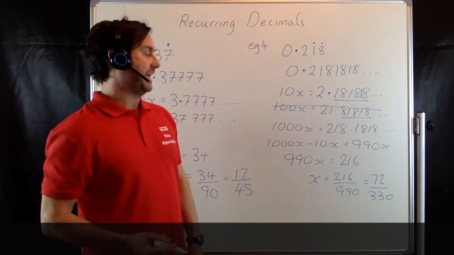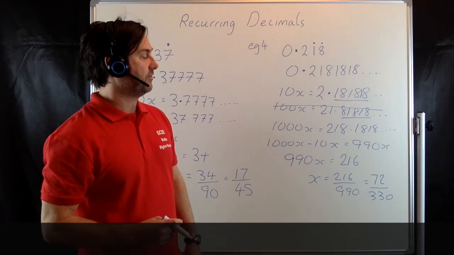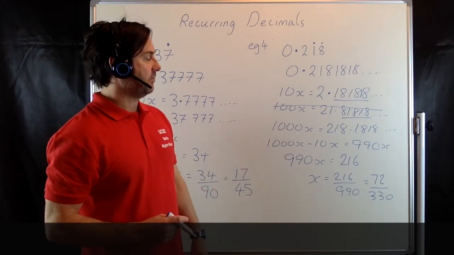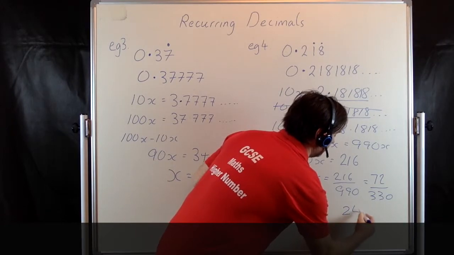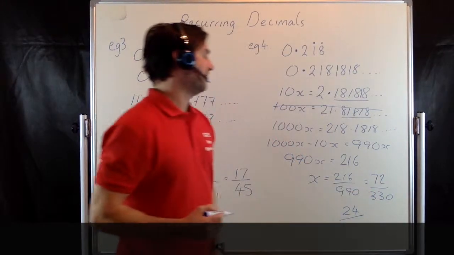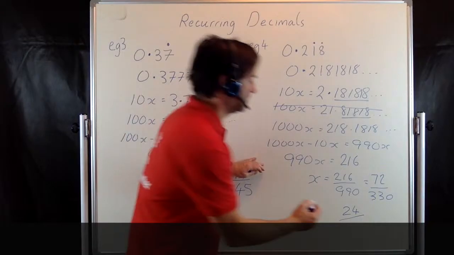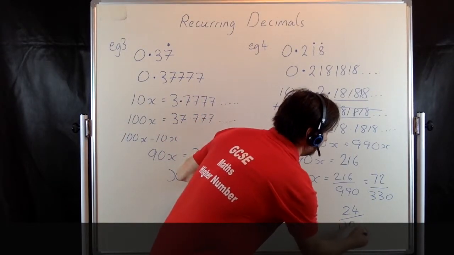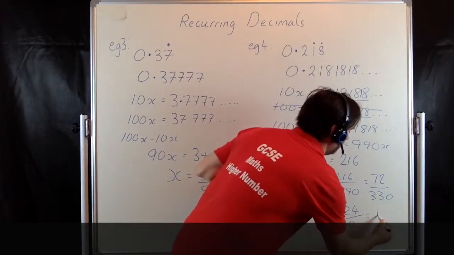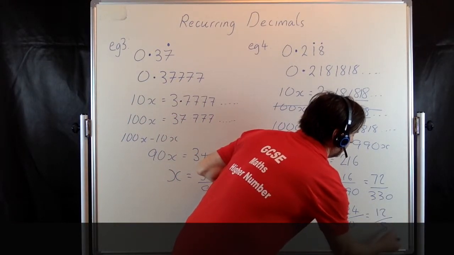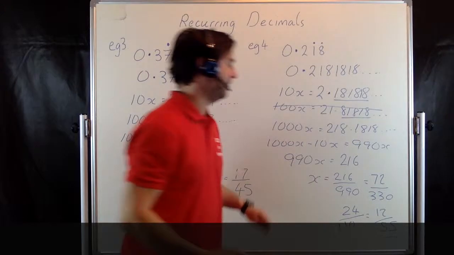I could reduce that again. 3 goes into both of those. 3 into the top one goes 24 times, and 3 into the bottom one goes 110 times. But of course this can continue reducing to 12 over 55.